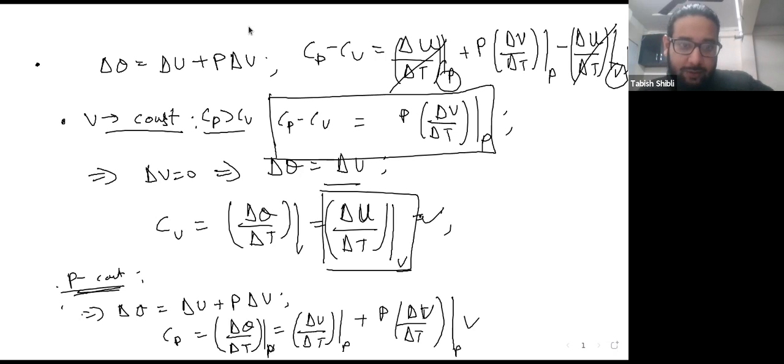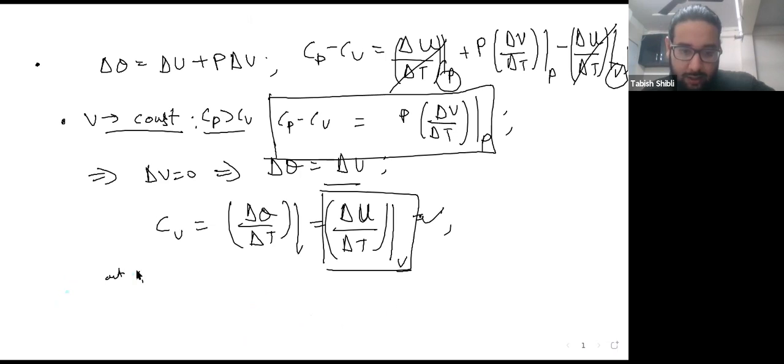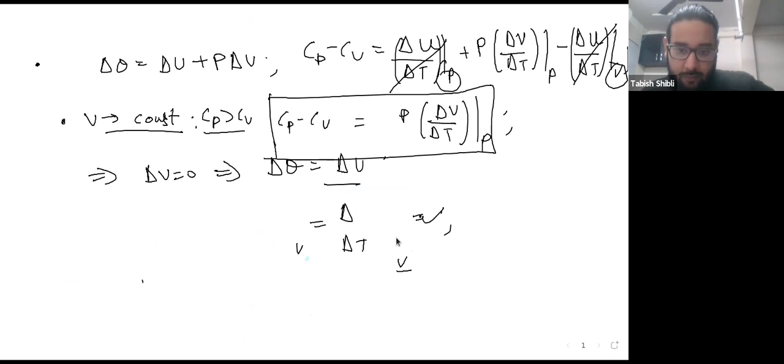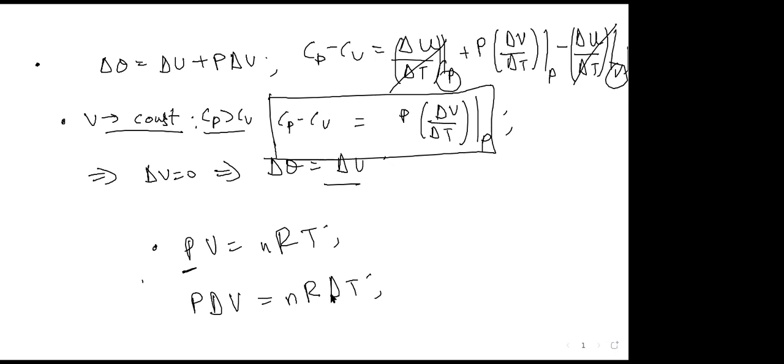Now let's think about the ideal gas case, where my equation of state is given by PV equals nRT. So if my pressure is constant and I change the volume, P delta V should be equal to nR delta T. Correct? Yes, sir.